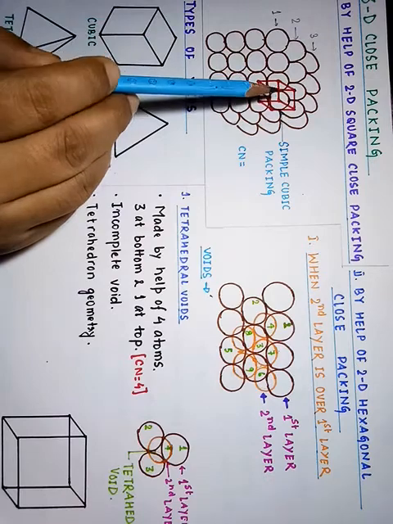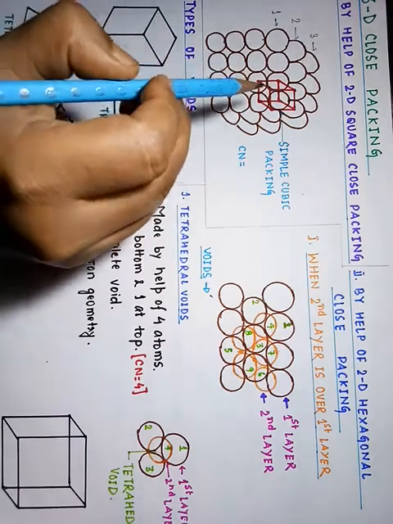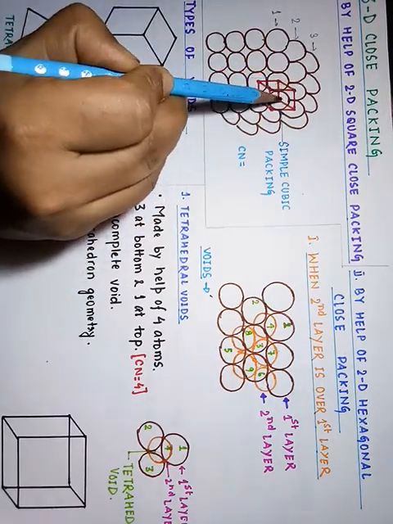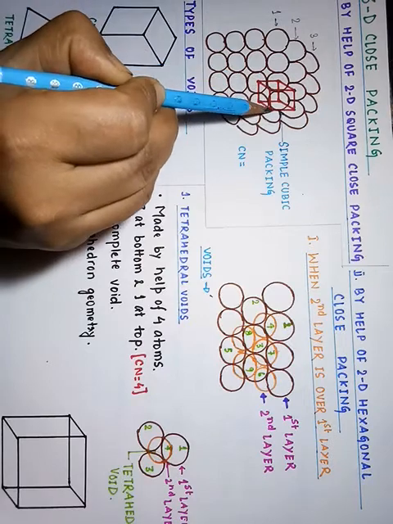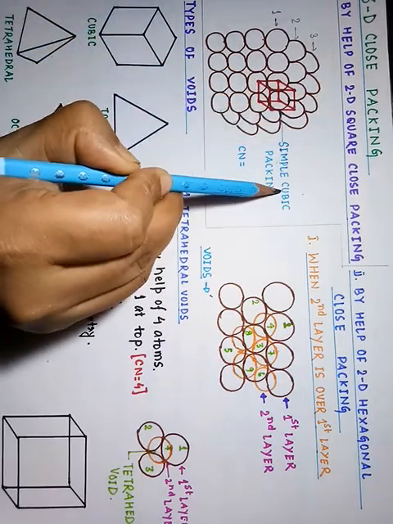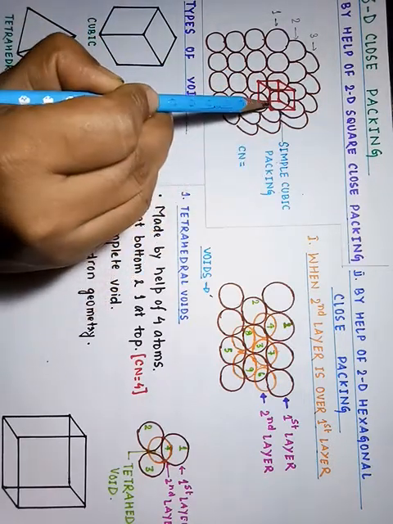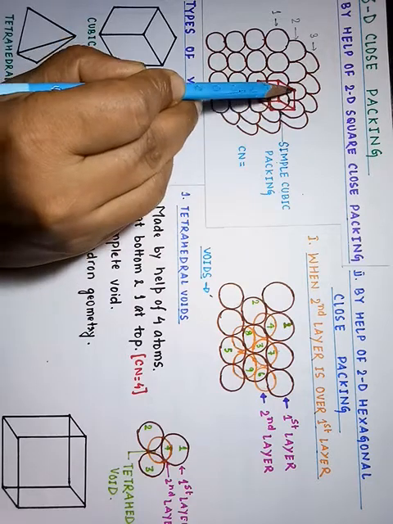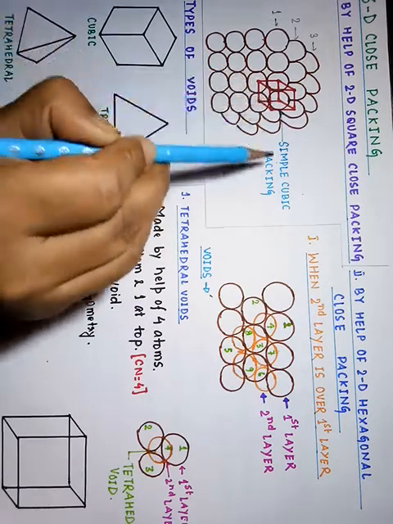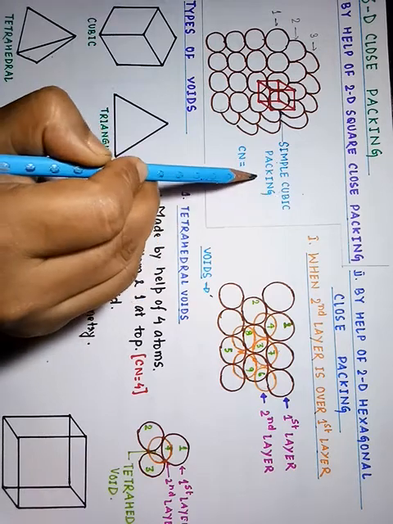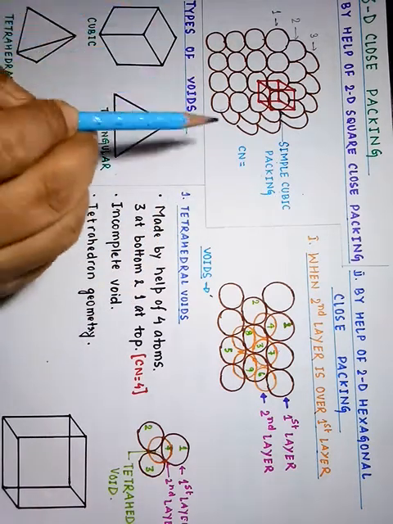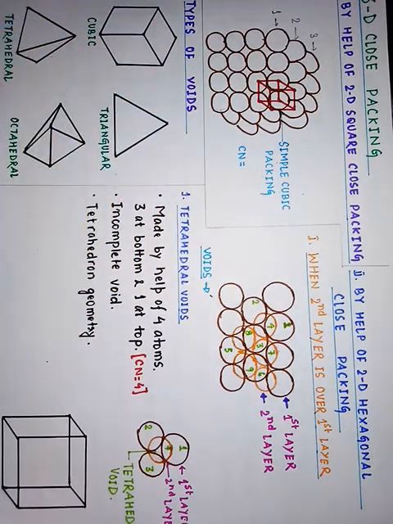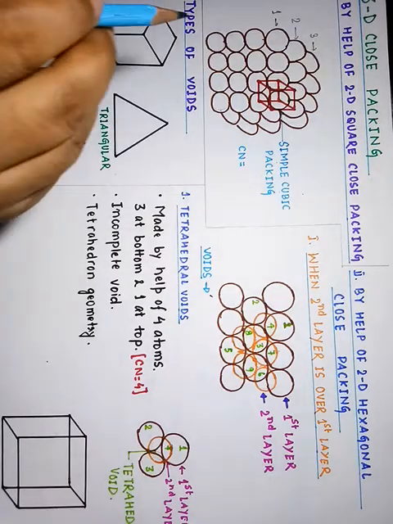And what sort of lattice are we getting here? So we have joined the centers of the atoms and we are getting a simple cubic packing. This lattice which we have got by joining the centers of the atoms is simple cubic packing. Now students, what is the coordination number of the atom?